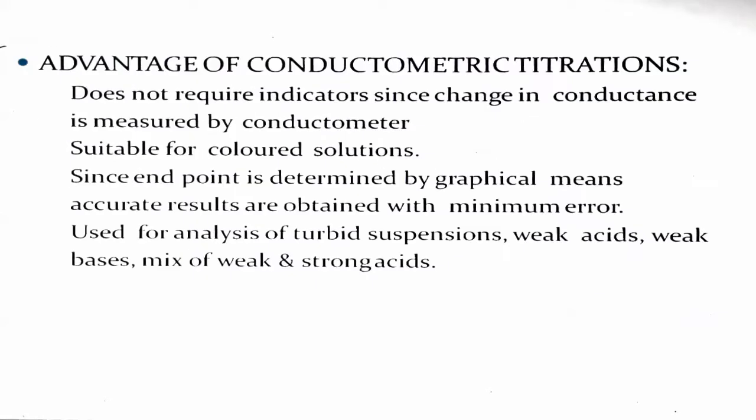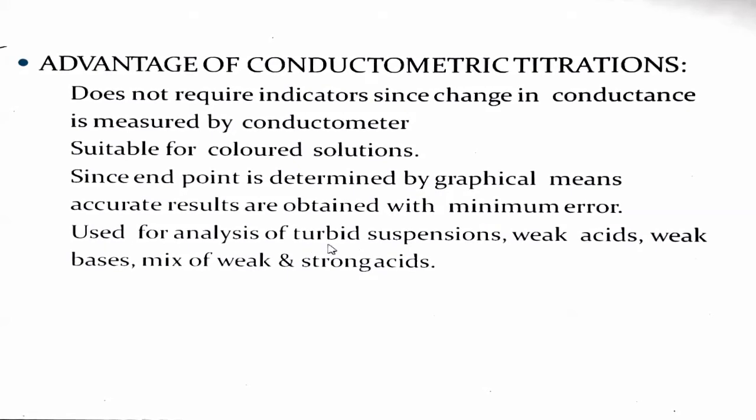So now some advantages of conductometric titrations. The first thing is that no indicator is required, because we are measuring the conductance. So it is suitable for titrations of colored solutions where we cannot use an indicator. Since the endpoint is determined by graphical means, we get accurate results with minimum error.